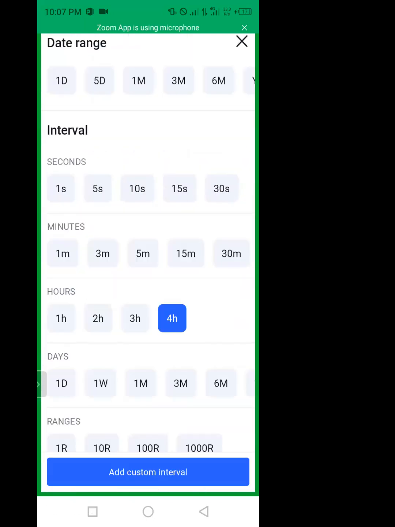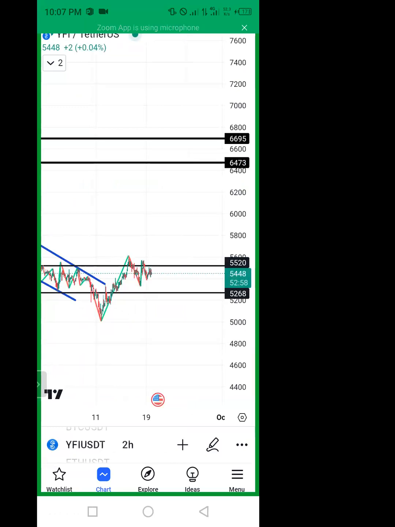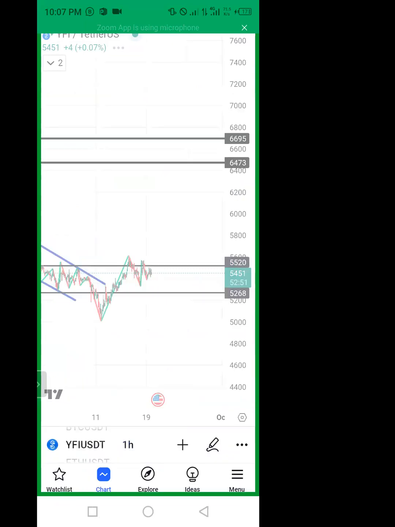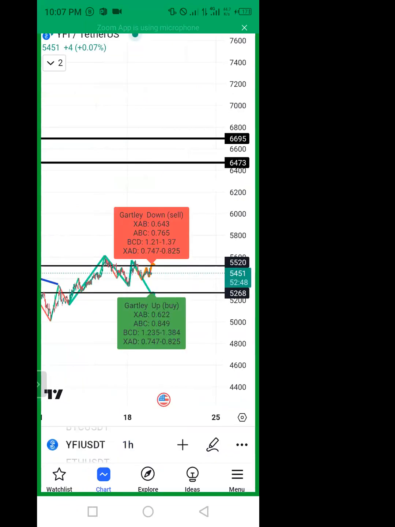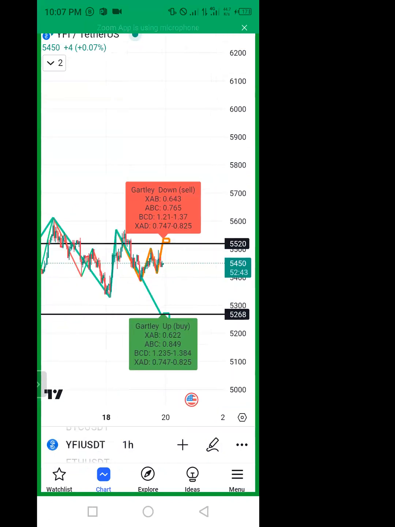Let us first see this. If I'm to measure, I say that I am going to trade this coin, which has the GARTLEY predictor, and then I'm seeing it in 1 hour. I'm just giving an example, just in case it has been shown in the 4 hour. For me, I trade when it is in the 4 hour.